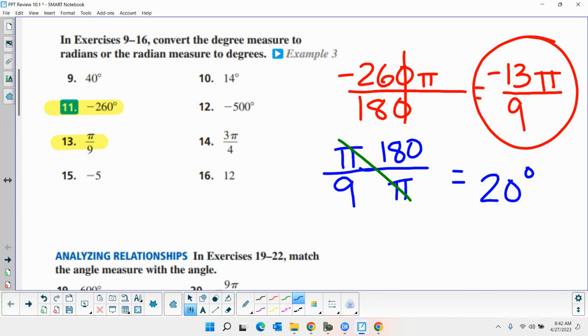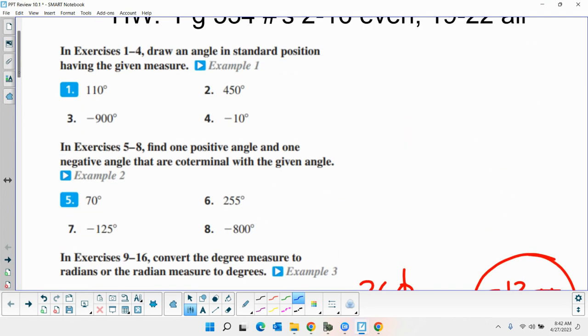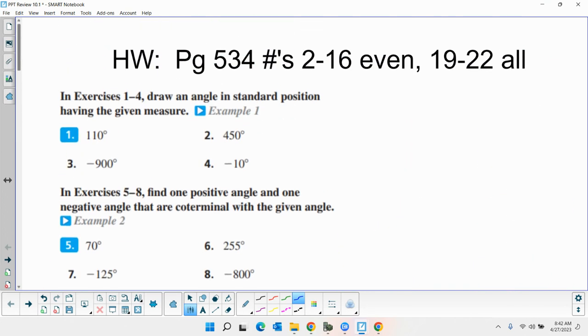All right. So, answers to our problems. Okay? Number 2, 450. That's more than 360, right? So we start here.